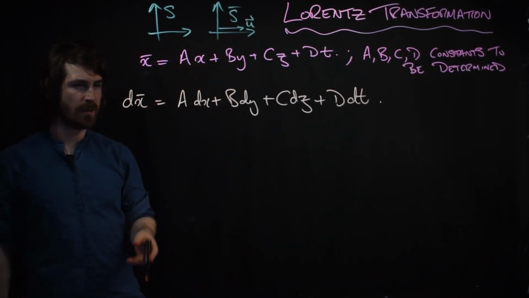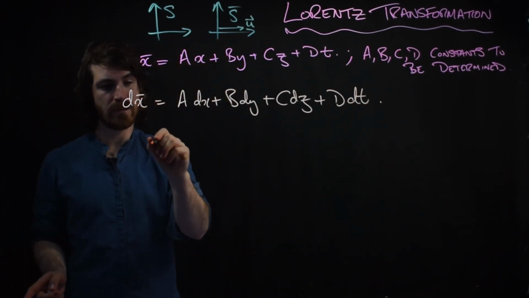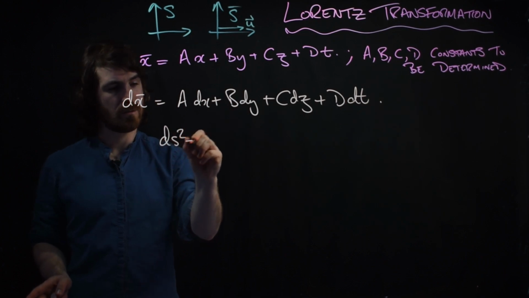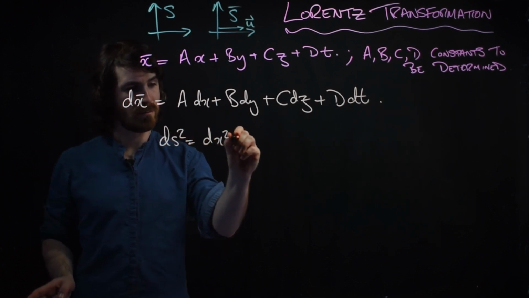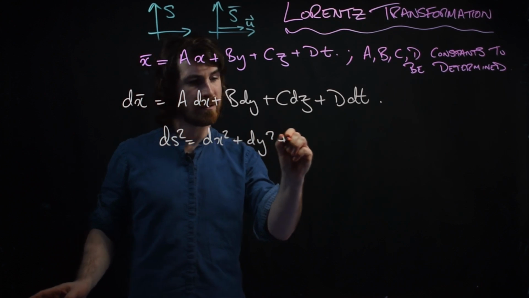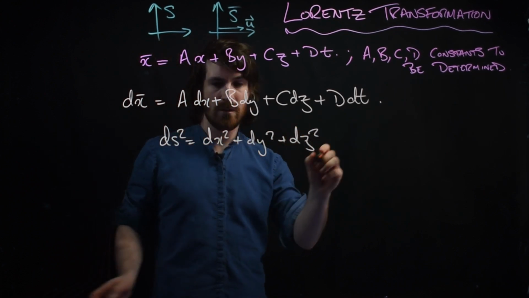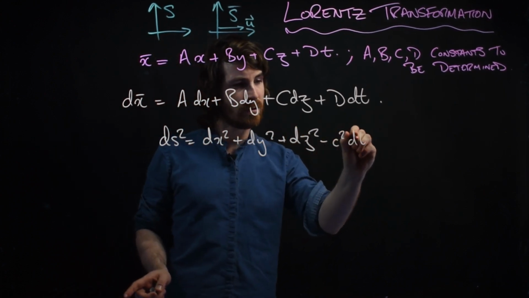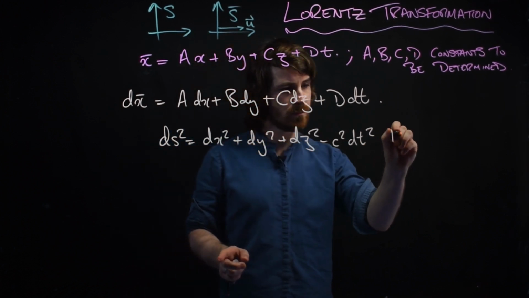And we know that for the coordinate differentials, ds squared, which is dx squared plus dy squared plus dz squared minus c squared dt squared, is invariant.